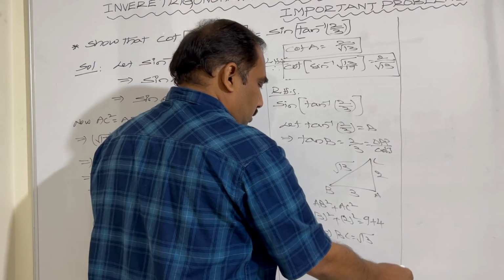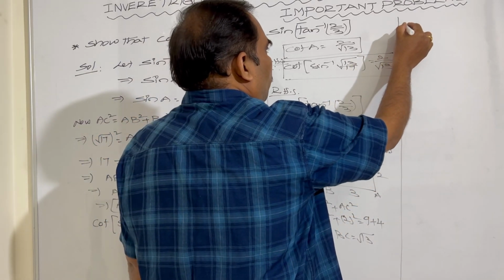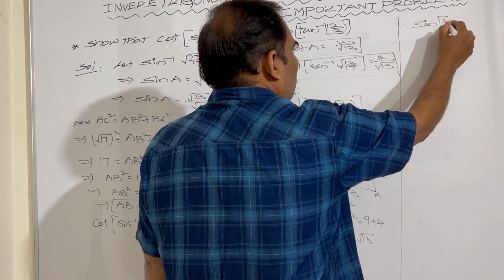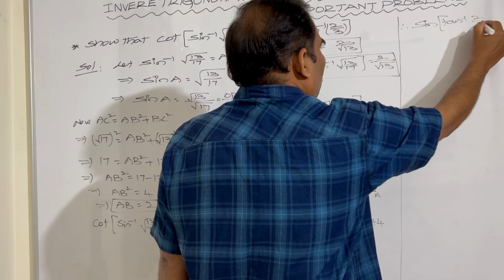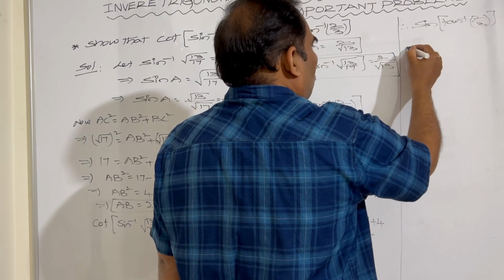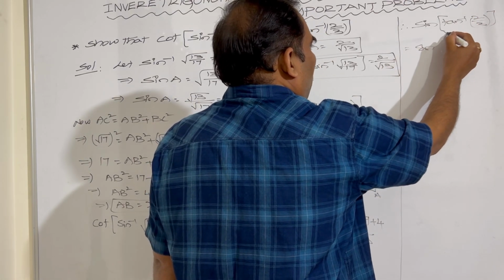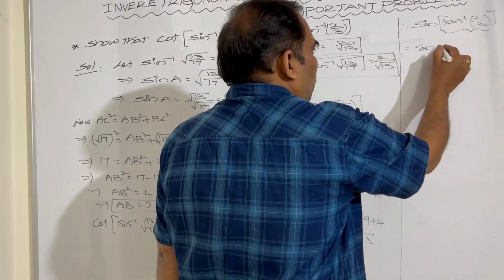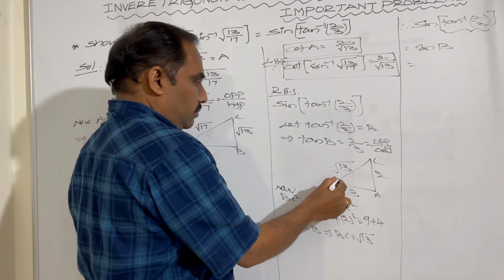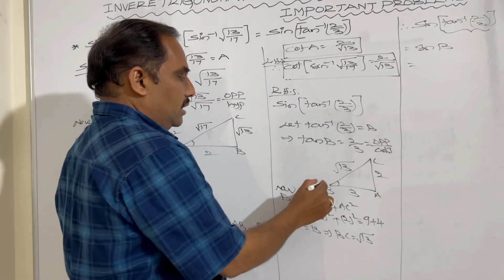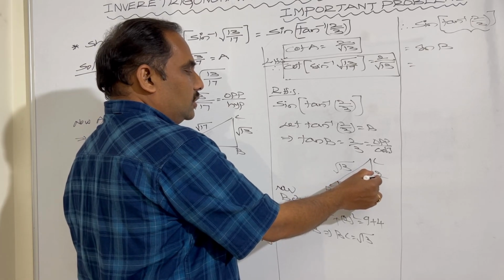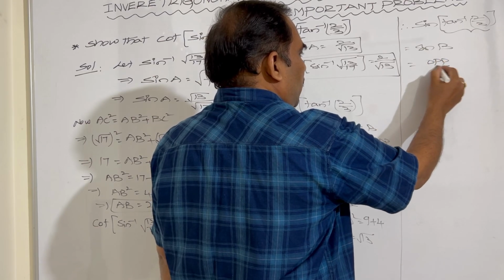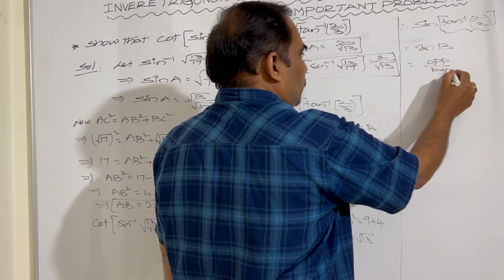Therefore sine of tan inverse of 2 by 3 is sine B, since I have taken this angle as B. Now I am finding sine B from this right angle triangle. Sine B is opposite by hypotenuse.